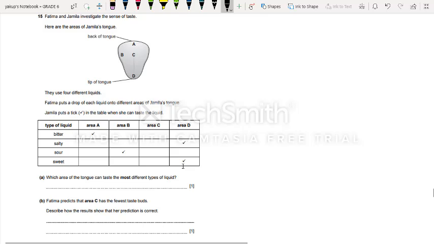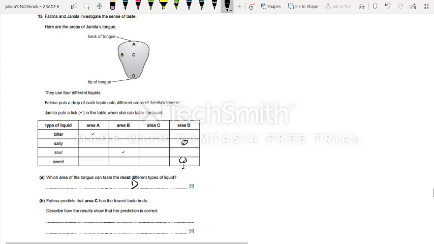Let me read the question. Which area of the tongue can taste the most different types of liquids? Let's check, guys. Area A is only one, area B is only one, area C nothing, area D is two, right? And also we should say it is D, guys.